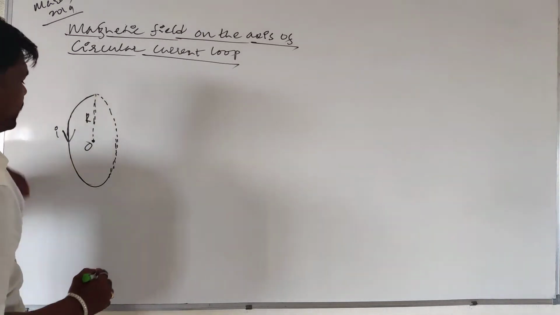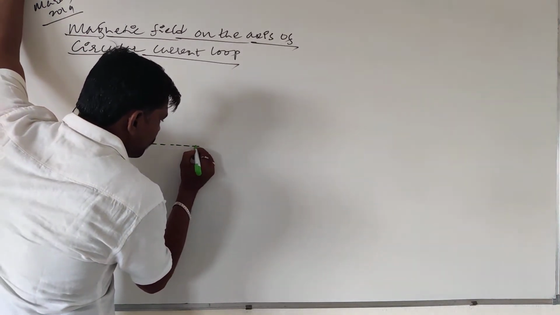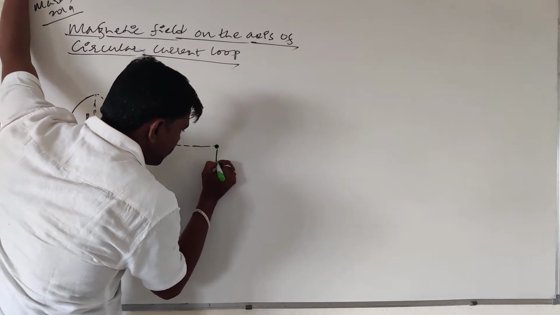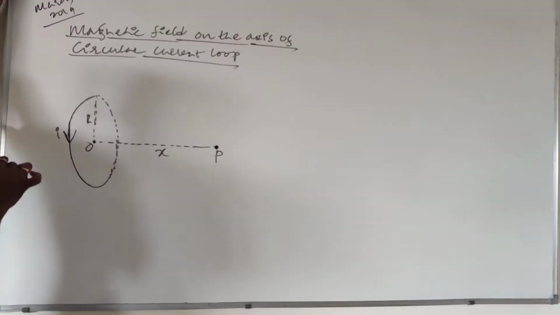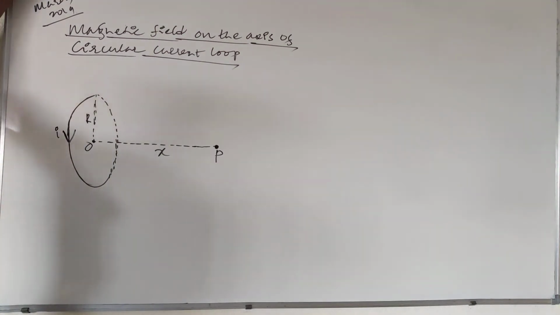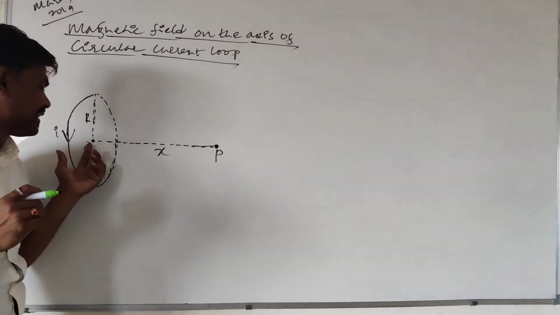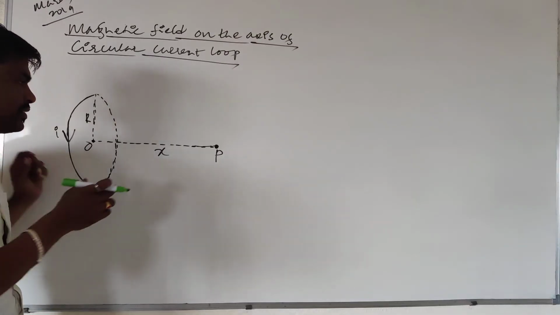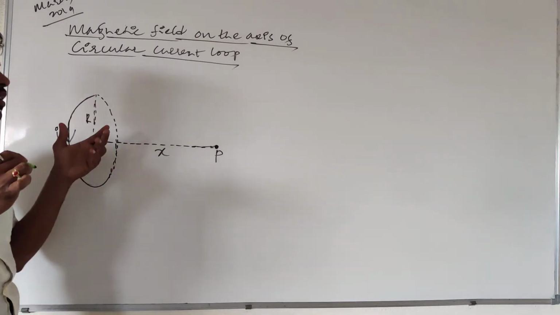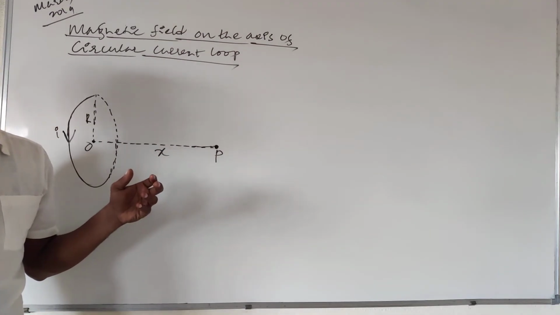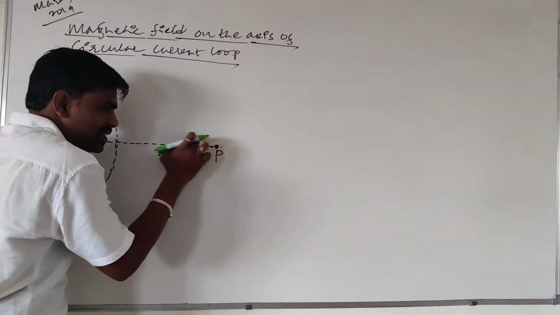Right? See here, from O to a point P, at the distance x, I am going to take point P on the axis line. At this point P, I am going to find out the magnetic field intensity on the axis of this circular current loop.